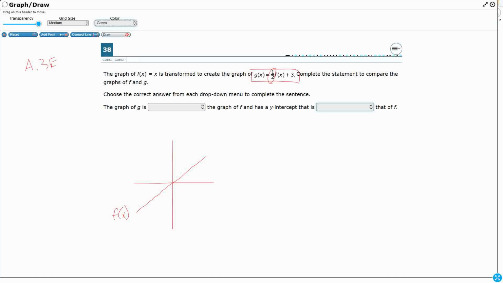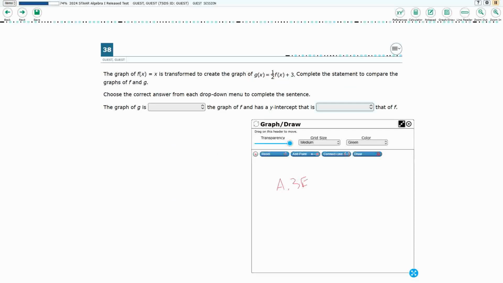First off, it's going to be a shallower slope because that fraction is going to go up 1 over 2, up 1 over 2, rather than up 1 over 1. And we're going to have a y-intercept of 3. So it's going to go a little bit higher, and it's going to be less steep. So it's going to look something like that. Now, you don't have to take my word for it. Let's graph this.